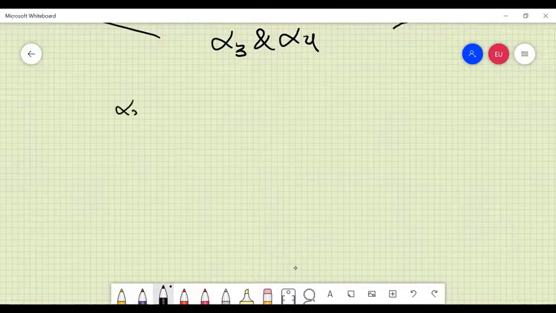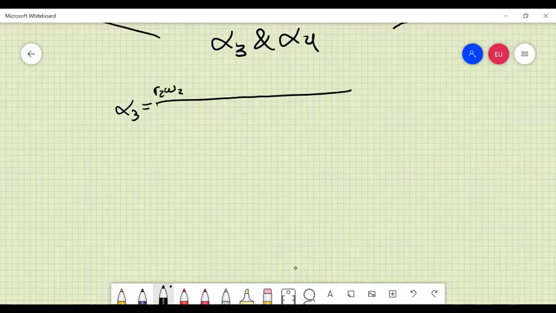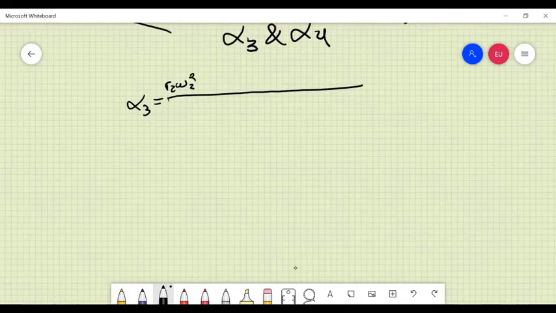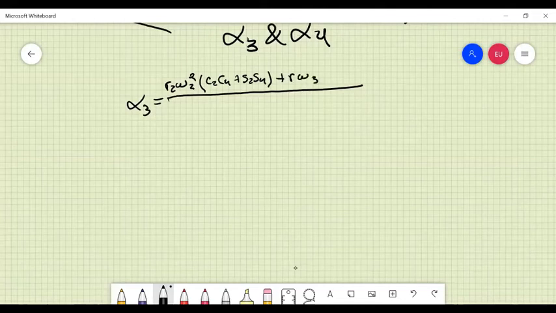So alpha 3 is equal to a big thing. Don't get scared. Here I'll have R2 omega 2 square, parentheses, cosine 2, cosine 4, plus sine 2, sine 4, parentheses, plus R3 omega 3 square.